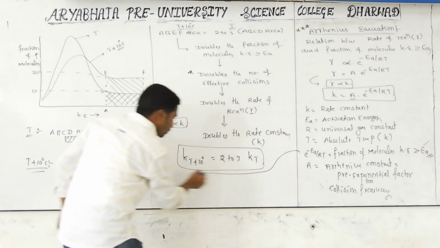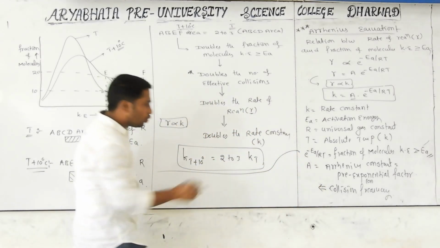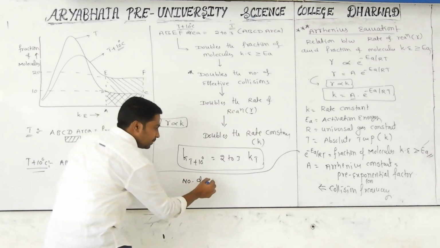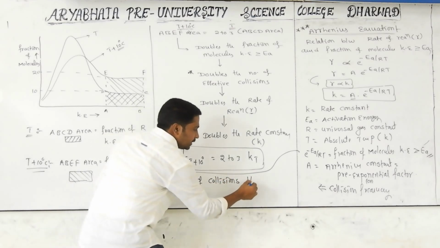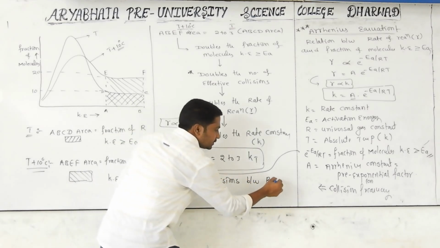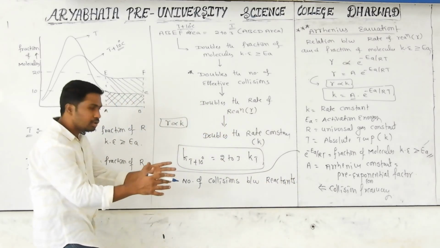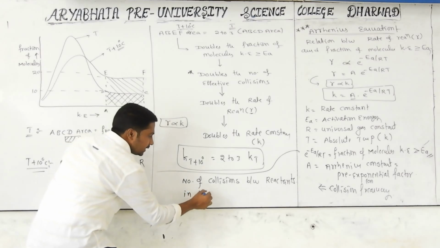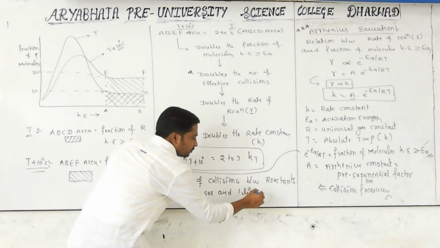What is the meaning of collision frequency? It's also a very important thing. Collision frequency is the number of collisions between reactants, under standard conditions, in 1 second time and 1 liter volume.